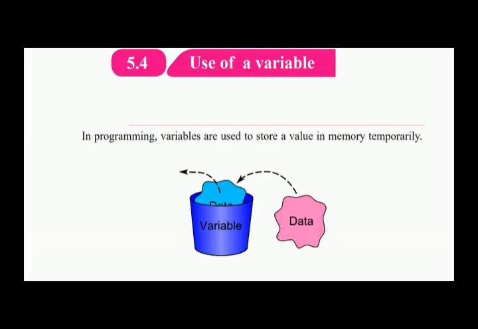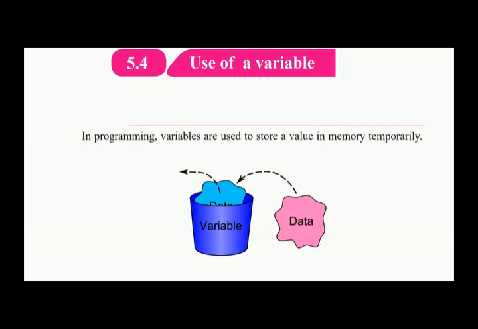Okay, so for each of these things, I mean width, length and area, you should get values, right? So in programming, we call them variables, right? So variables are used to store data or store values.